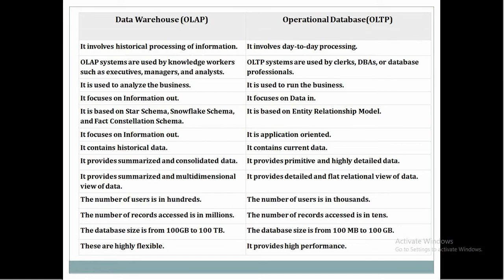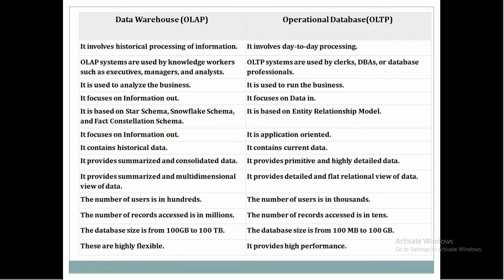OLAP contains historical data and in case of OLTP it contains current data. OLAP provides summarized and consolidated data. OLTP provides primitive and highly detailed data and flat relational view of data. OLAP provides summarized and multidimensional view of data.